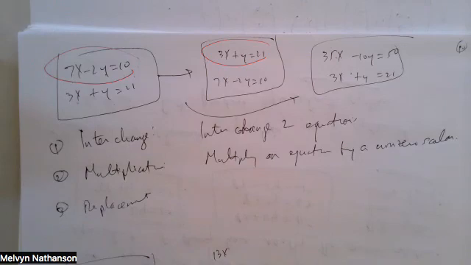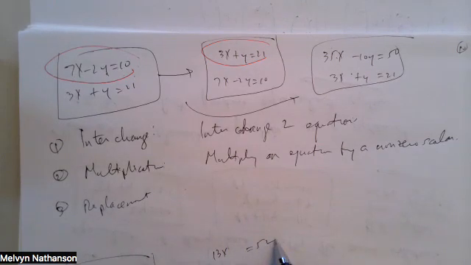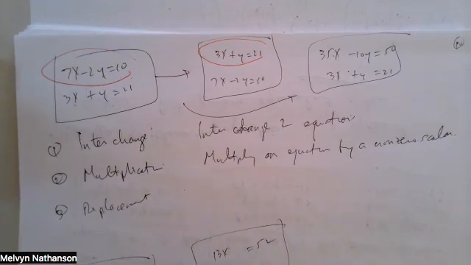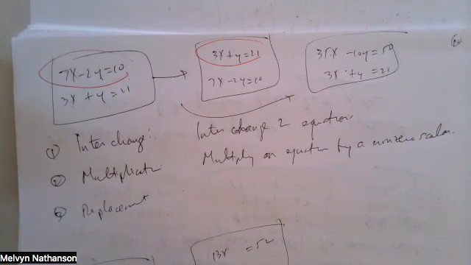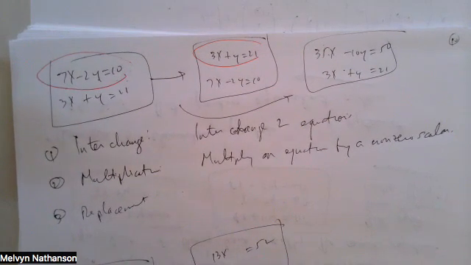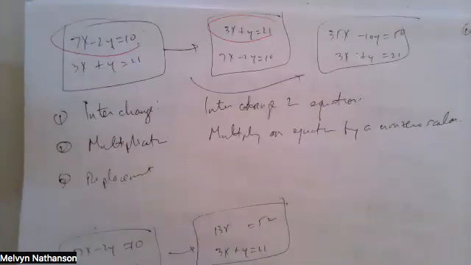Multiply this by 2, 42 plus 10 is 52. So what I did is I added 2 times the second equation to the first equation.